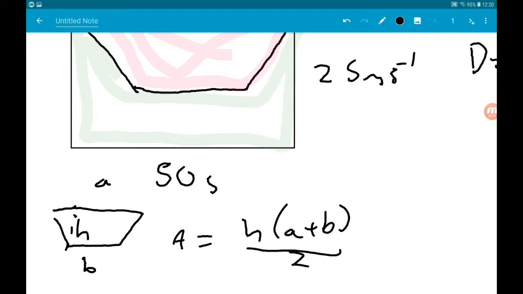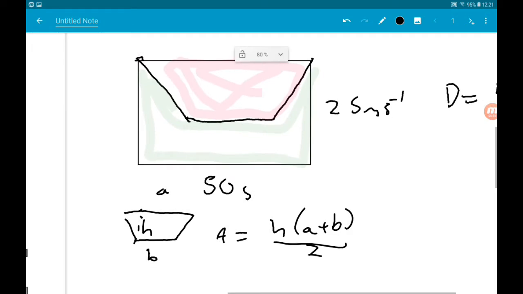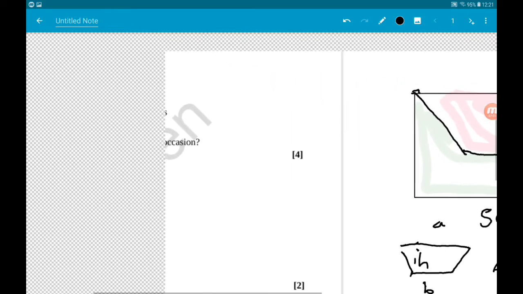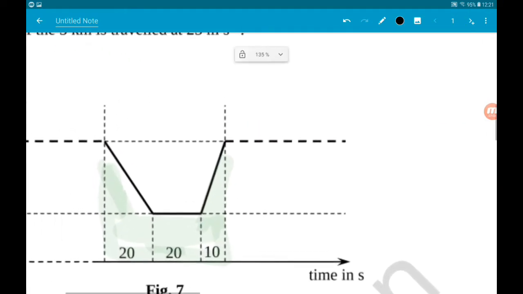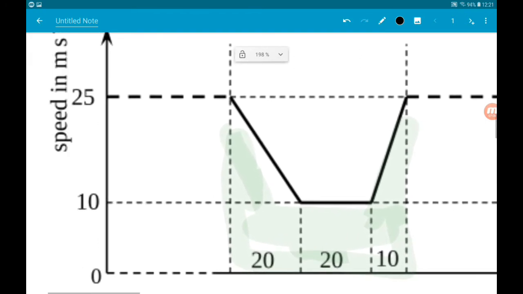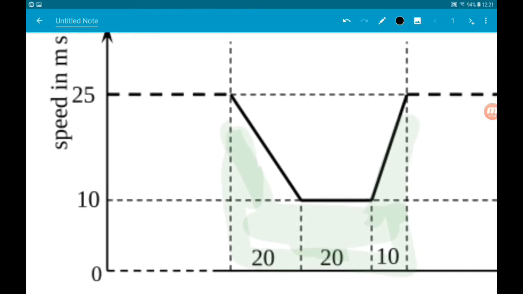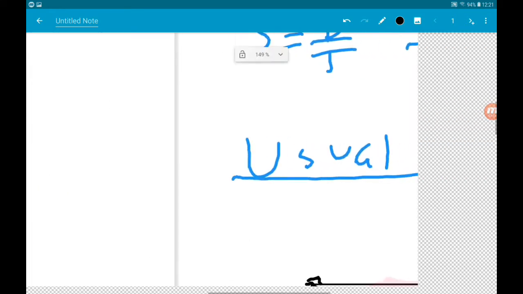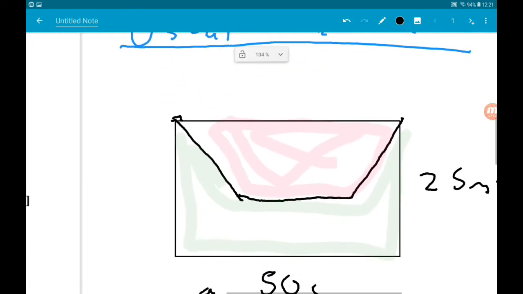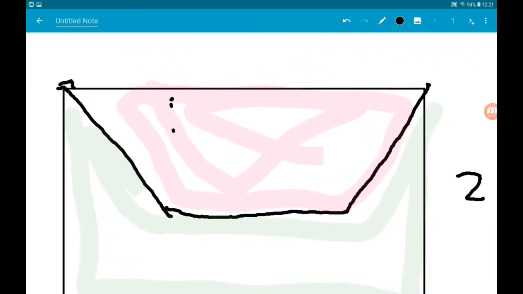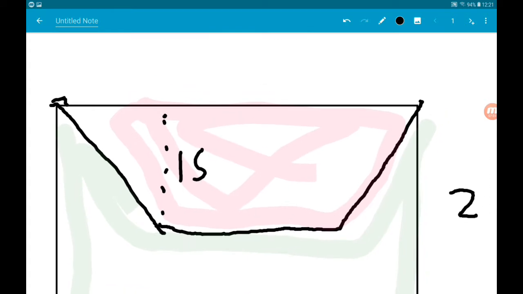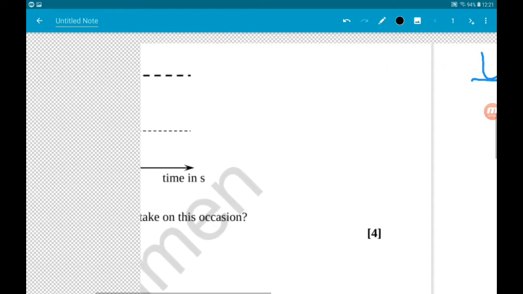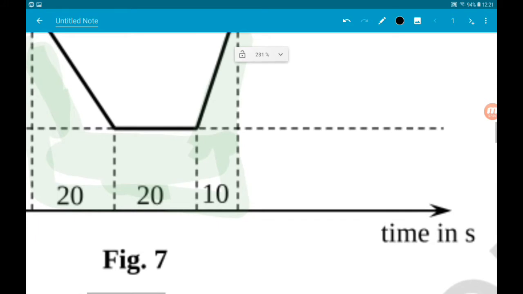So, we need to find some dimensions of our trapezium. So, the height is the difference between 10 and 25, which is 15. We know the top is 50 and the base is 20.